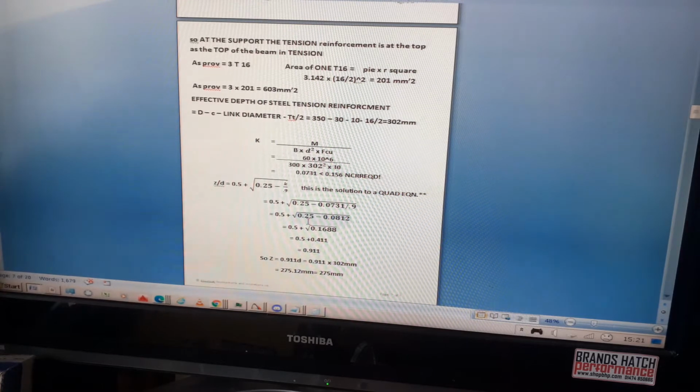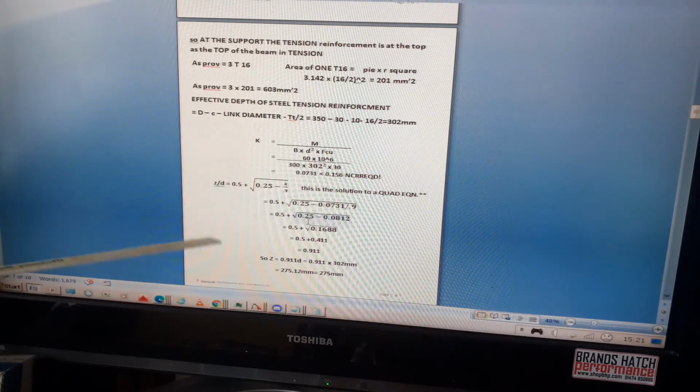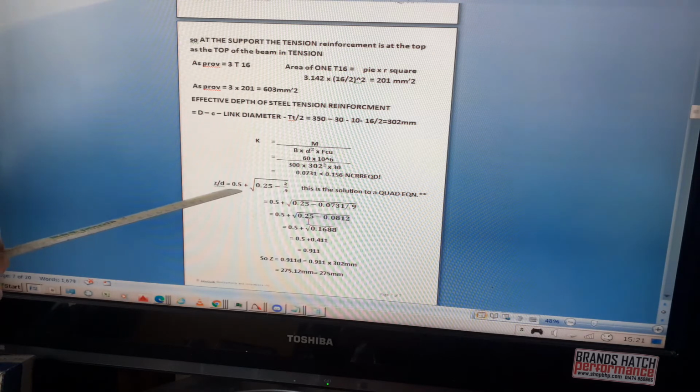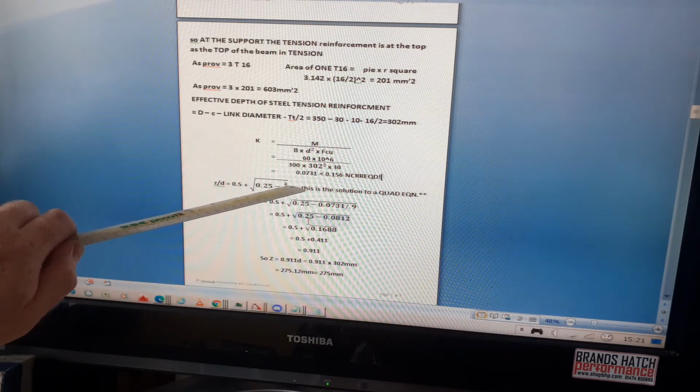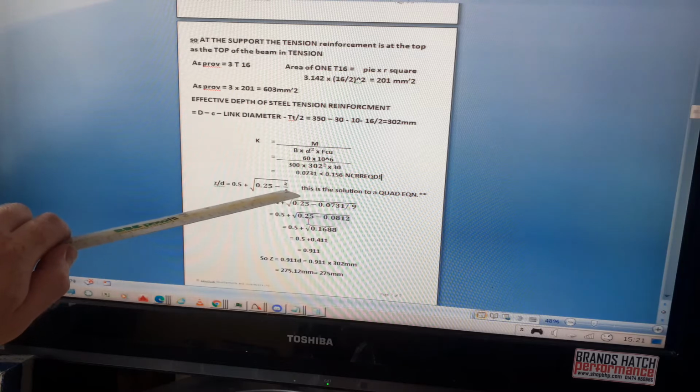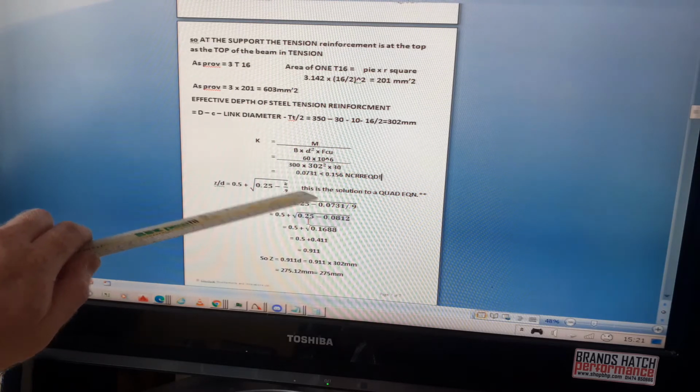So Z divided by D, the standard equation in BS 8110, equals 0.5 plus the square root of 0.25 minus that K that I've just calculated divided by 0.9.